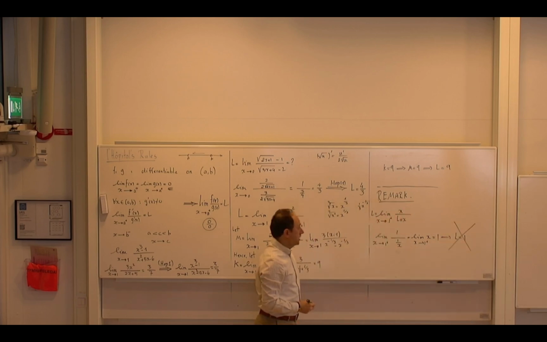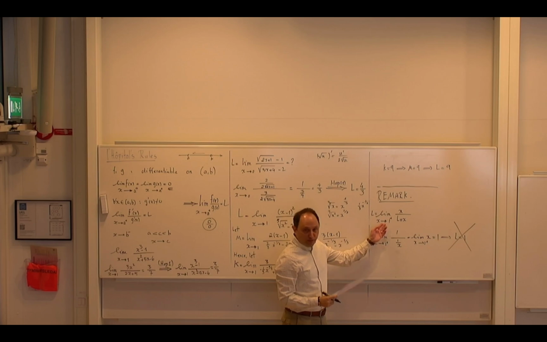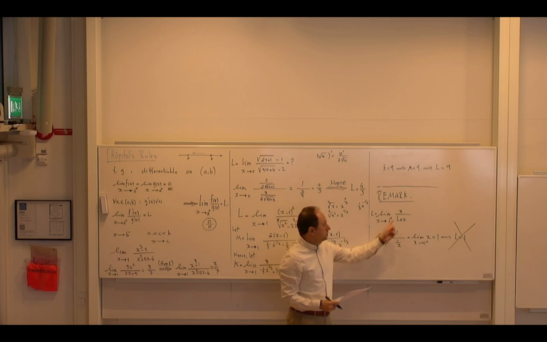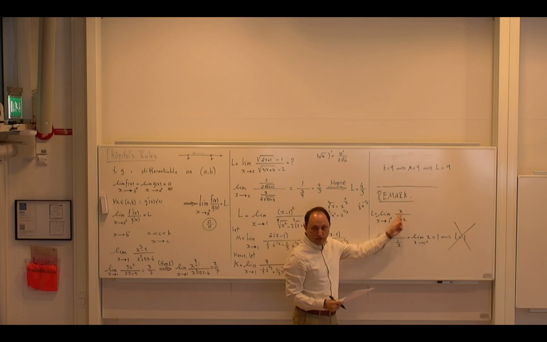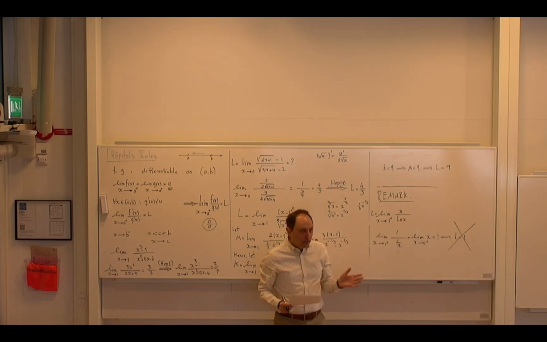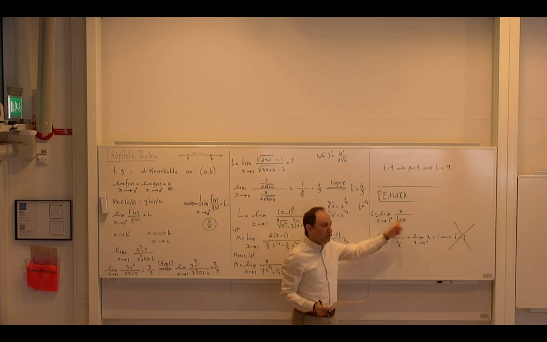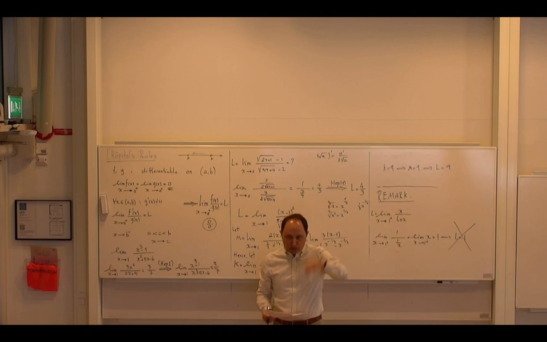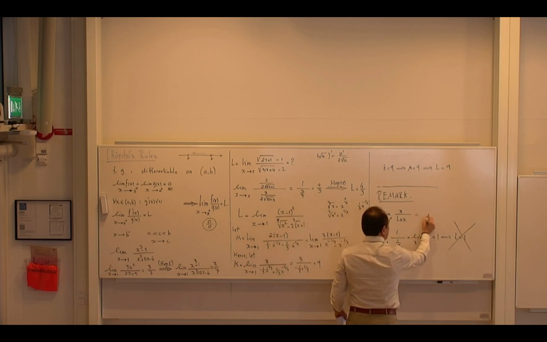Why is that? Because I told you, you have to check the type of limit first. So do I need even L'Hopital's rule here? No, because when I put 1, the numerator is 1, the denominator is 0. It is not 0 over 0, and I don't need L'Hopital's rule because I know the answer. If the numerator is 1 and the denominator is 0, I have a number divided by 0, which is of infinity type.